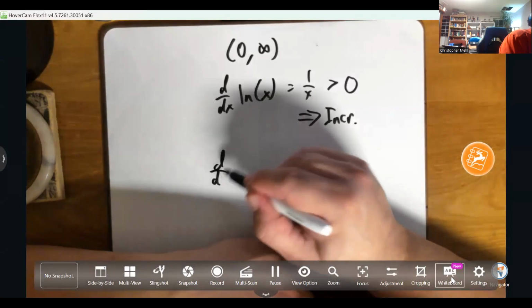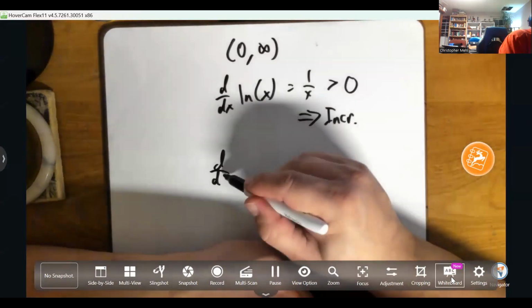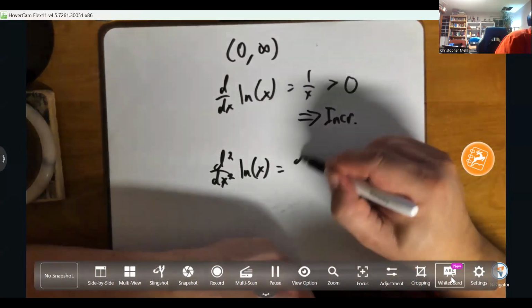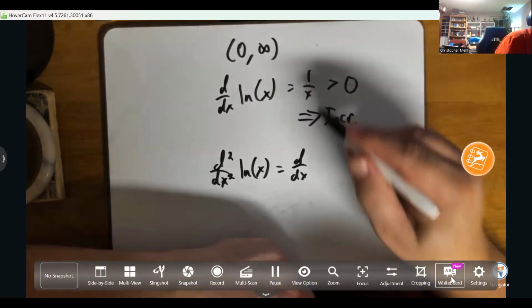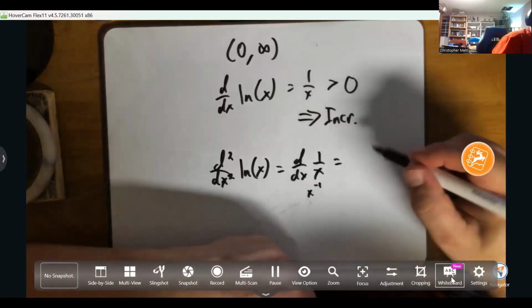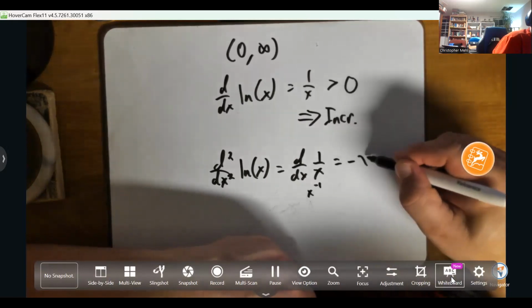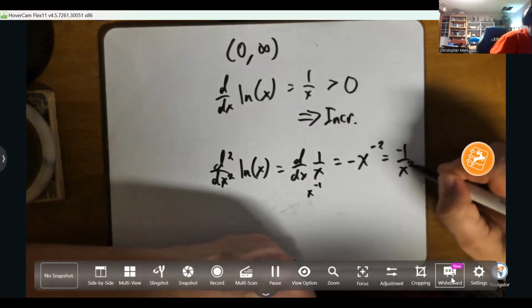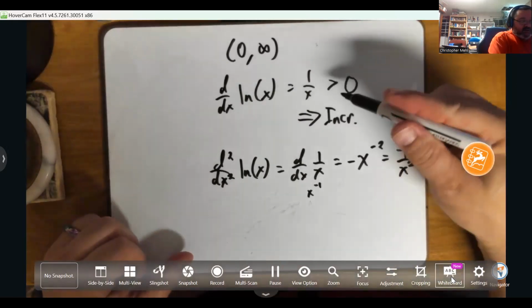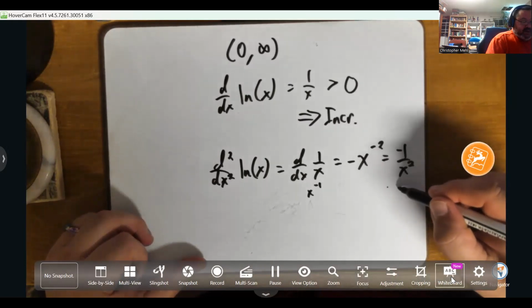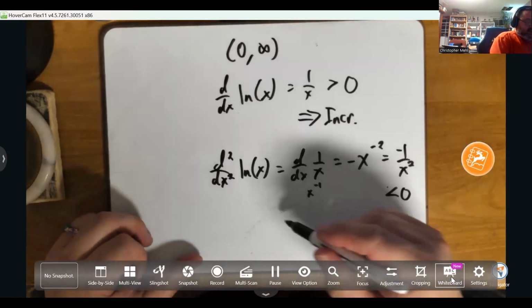The second derivative of the natural log would be the derivative of 1 over x, which we can write as x to the minus 1. And so that's going to be negative x to the minus 2, which is negative 1 over x squared, which for x greater than 0 is going to be less than 0.